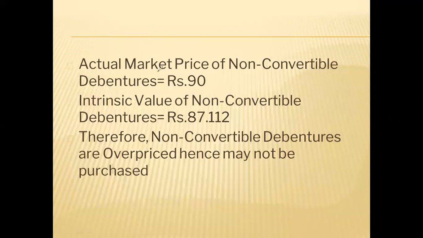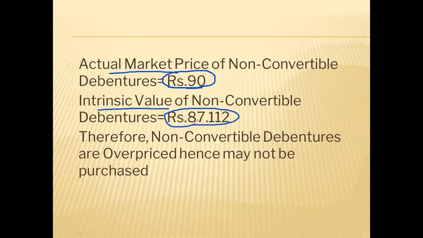Actual market price is 90 rupees. So if you want to buy this bond from the market, you will have to pay 90 rupees. But the intrinsic value you have calculated, which is the correct price, should have been 87 rupees only. So we will say that this debenture is overpriced. Hence, it is not recommended to purchase this debenture.